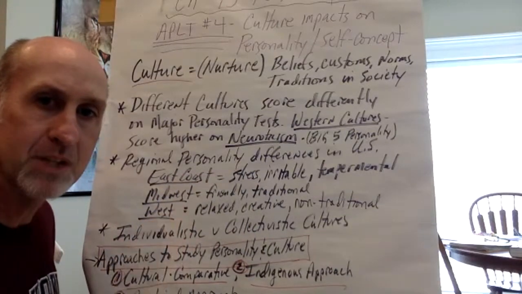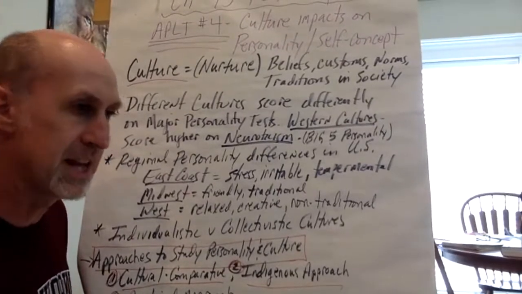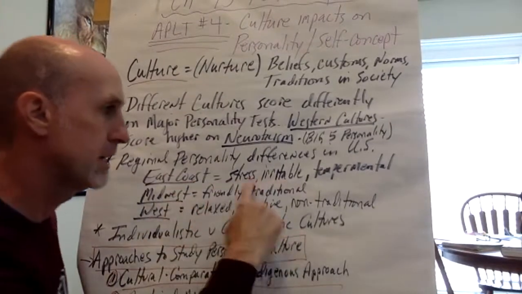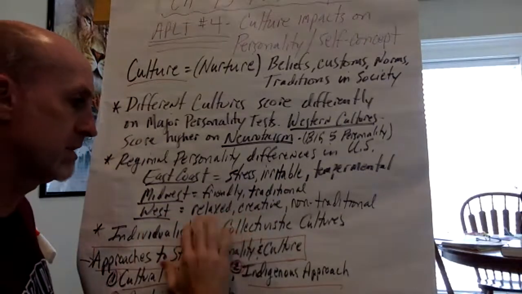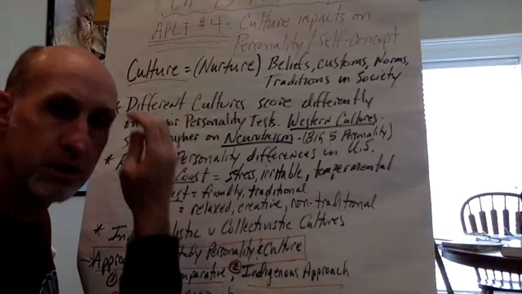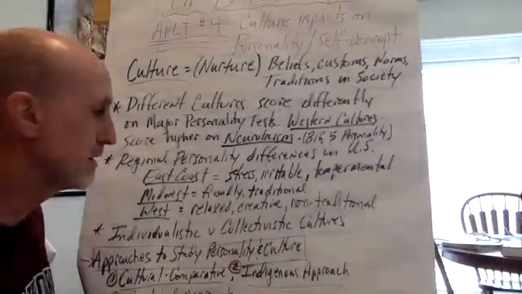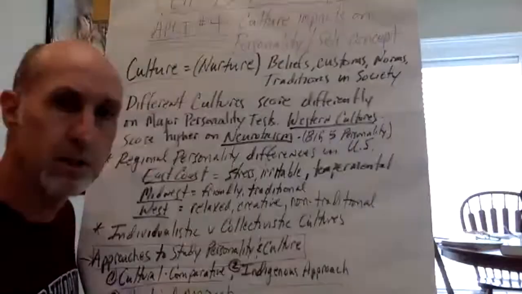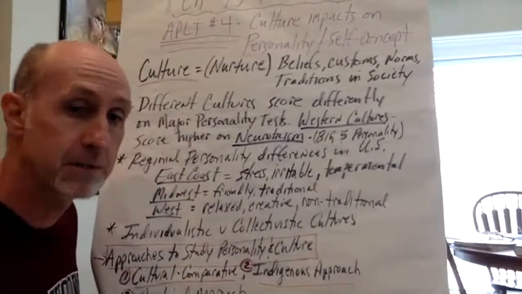I know some of you have traveled, and we've talked about how in certain states life is just faster, more involved, and so on. You have more creativeness over here, non-traditional. And then the Midwest is known to be pretty family-oriented, to value being friendly, which according to the research has kind of panned out. Which is very, very interesting.